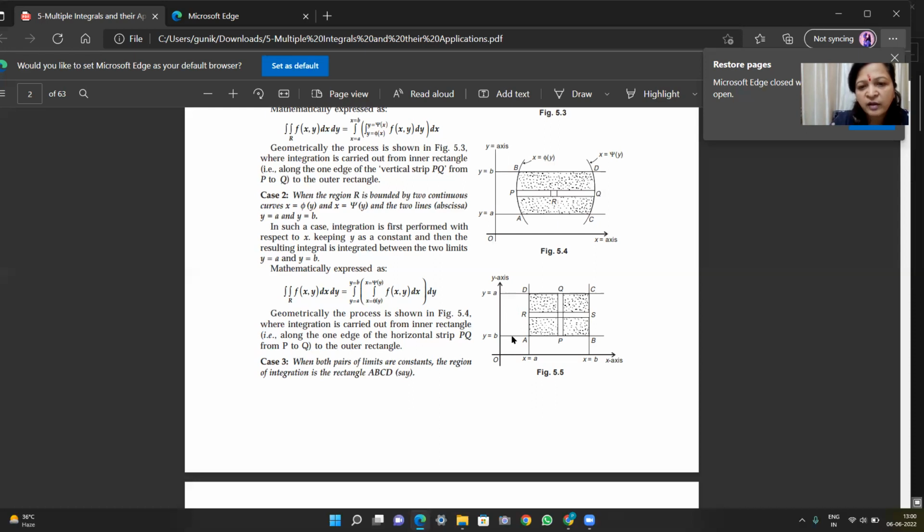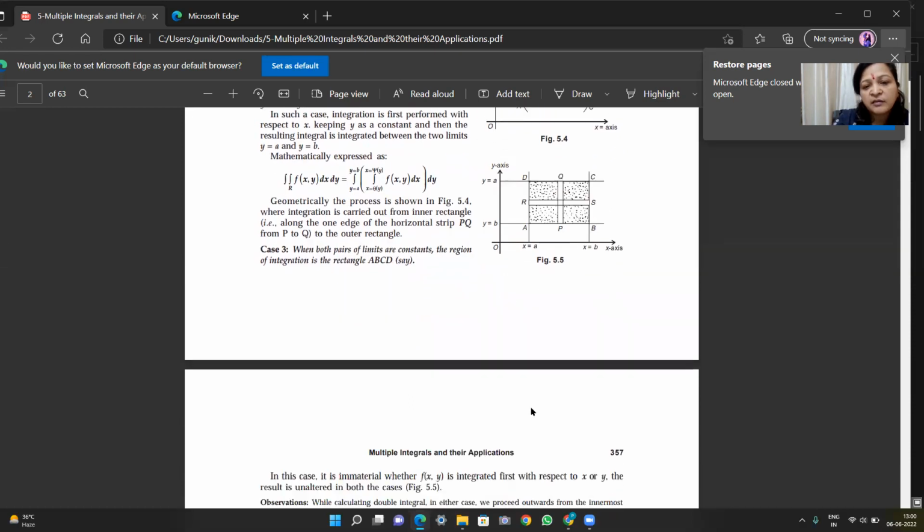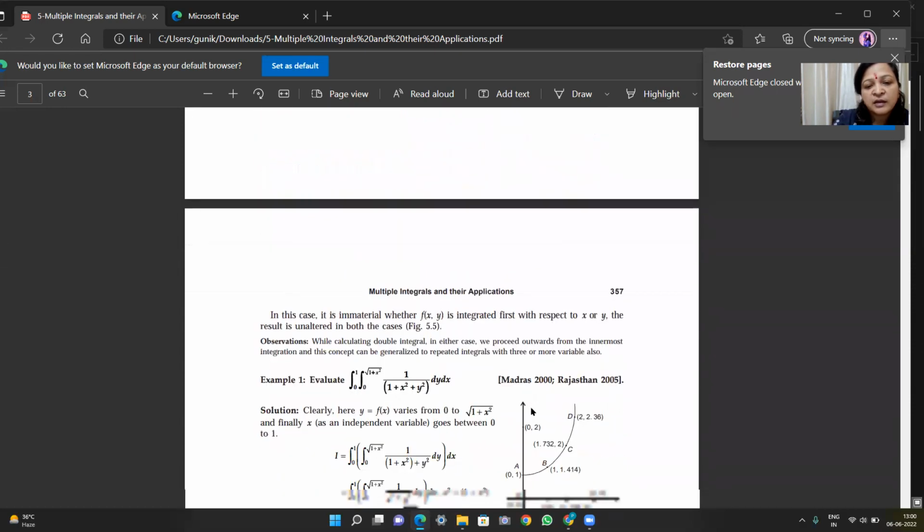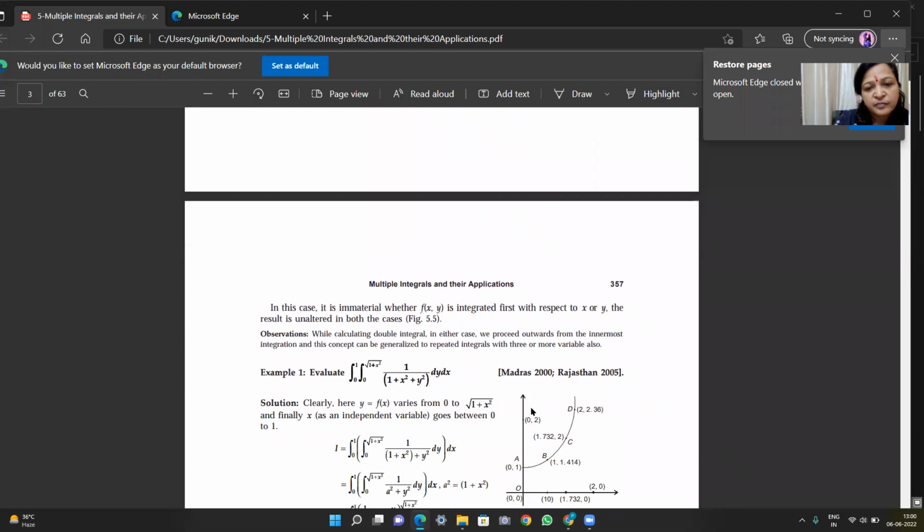So in that case, we can consider a strip parallel to the x-axis and a strip parallel to the y-axis. यानी कि इस केस में हम किसी भी वेरिएबल के रिस्पेक्ट में पहले इंटीग्रेट कर सकते हैं. जब x के रेस्पेक्ट में इंटीग्रेट करेंगे, then we keep y as constant, और फिर उसके बाद y के रेस्पेक्ट में इंटीग्रेट करेंगे.